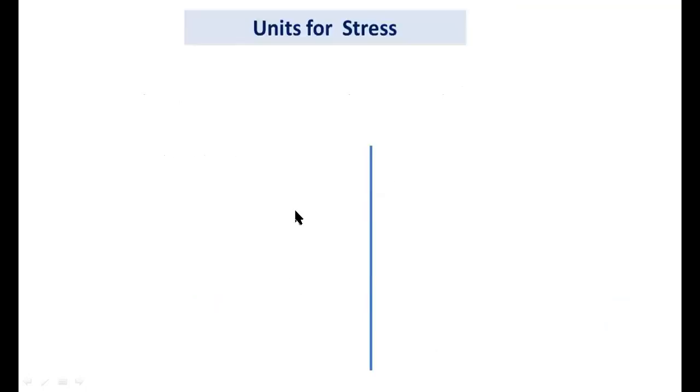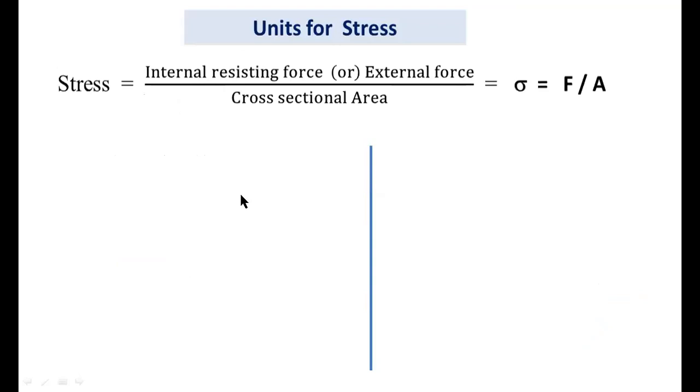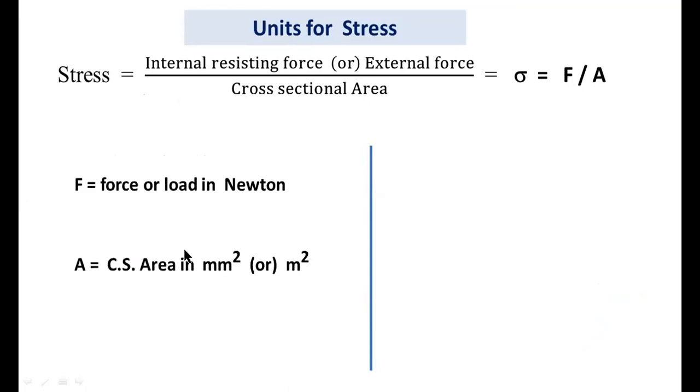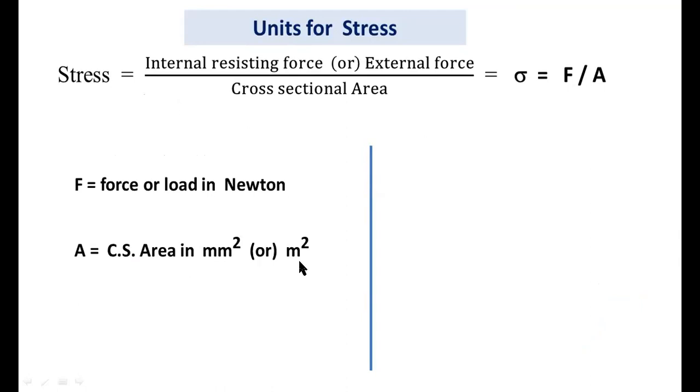Now the units for stress. Here the numerator is force, and the unit for force is newtons. The denominator is area, and the unit for area is mm square or meter square. So F is in newtons and area in mm square, meter square, or centimeter square.